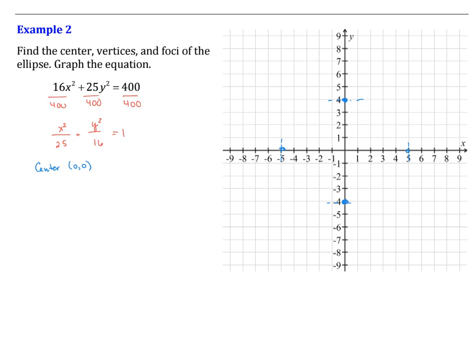So let's draw our box. So our points are these 4 points.